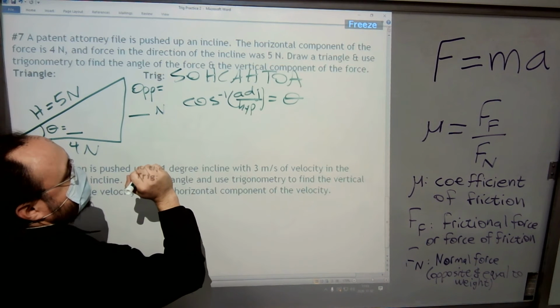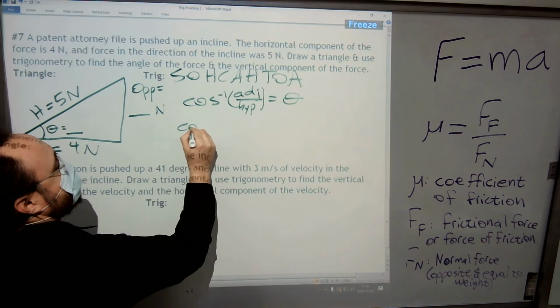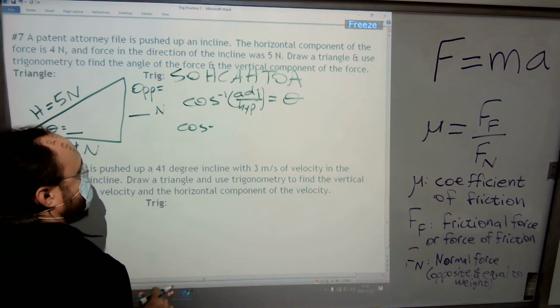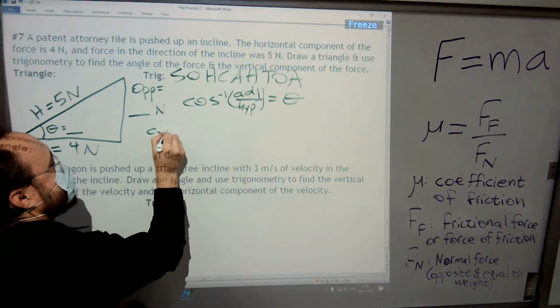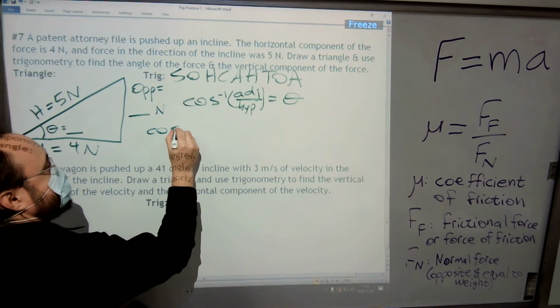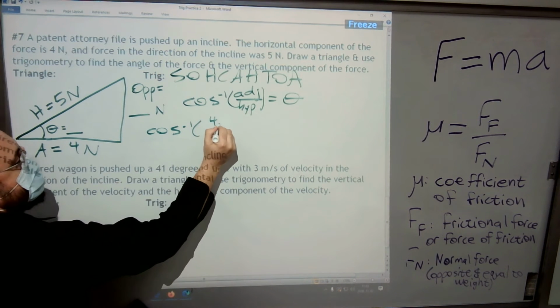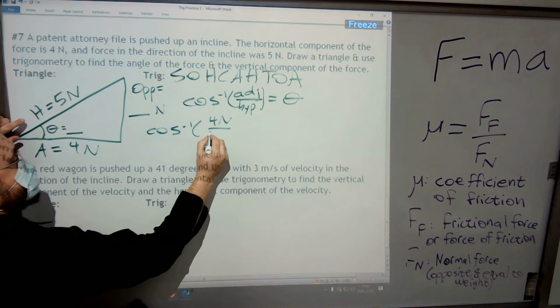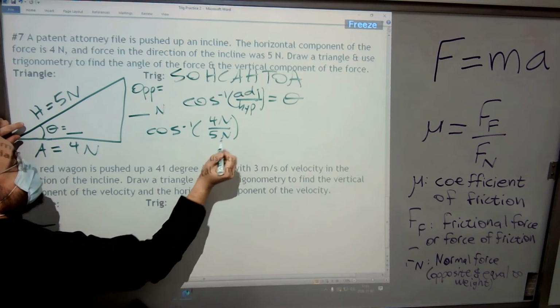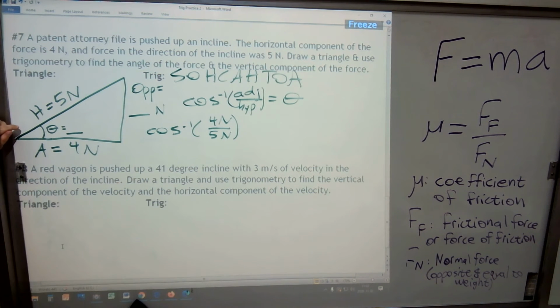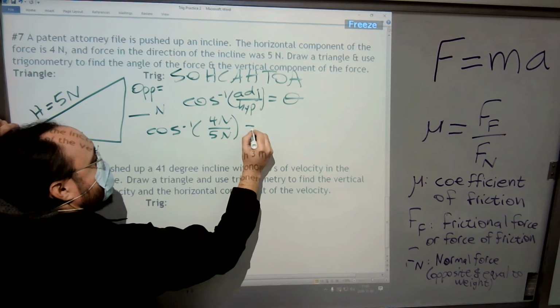So cosine to the -1 of adjacent is 4, and hypotenuse is 5. And we're going to get the angle that way.